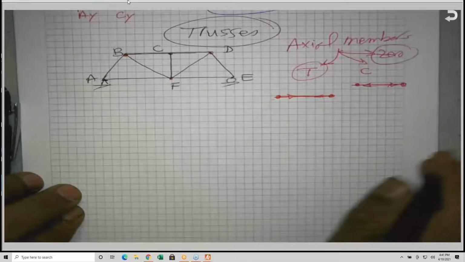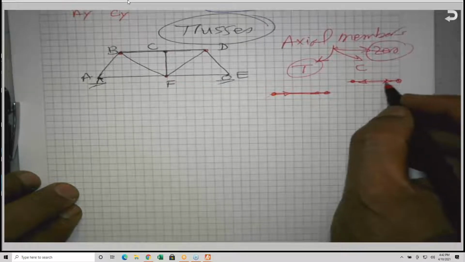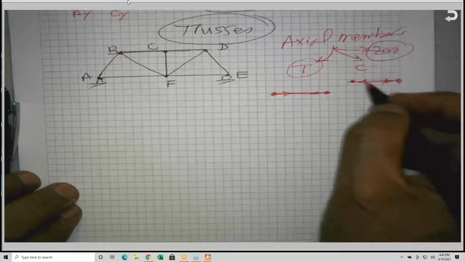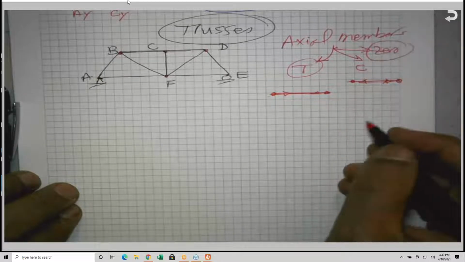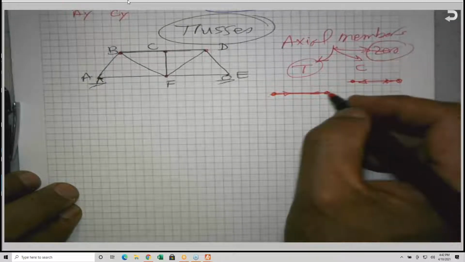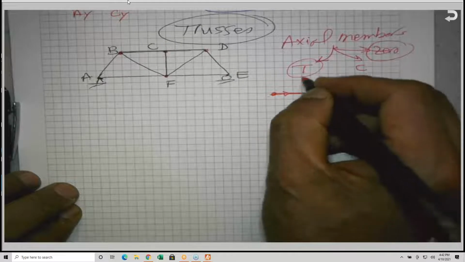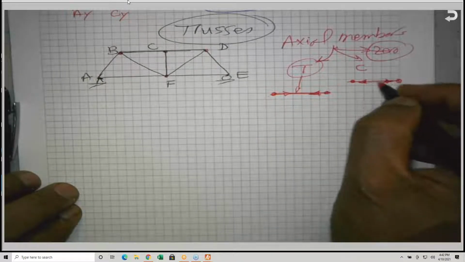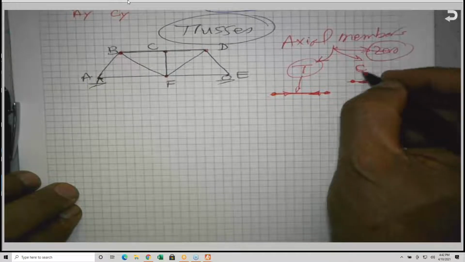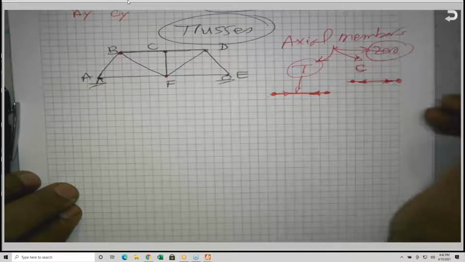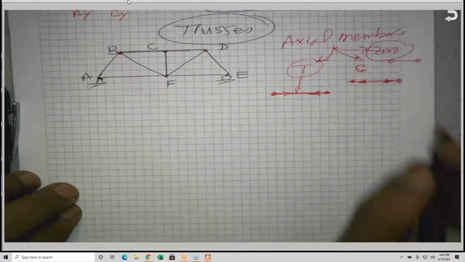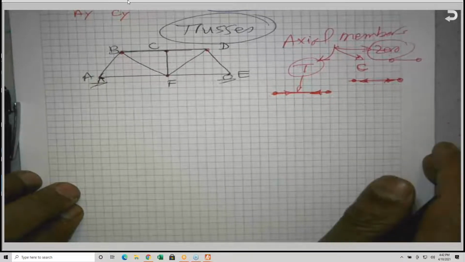This is one definition, by the way, with respect to joints. Sometimes we use it with respect to members, and I prefer with respect to joints. So if the arrows are pulling the joints, we call it tension. If the arrows are pushing the joint or going into the joint, we call it compression. Zero, obviously, the member has no force, so neither tension nor compression.